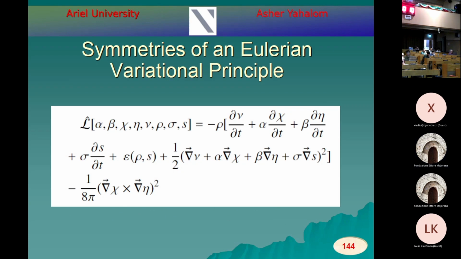So, okay, this is what we had. I would like to say something about moving, if you noticed in my presentation, from an Eulerian variation principle to the Lagrangian variation principle in order to get those Noether currents.